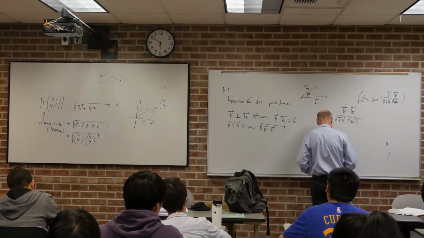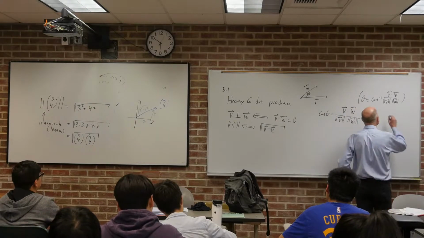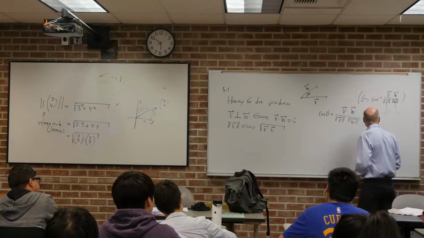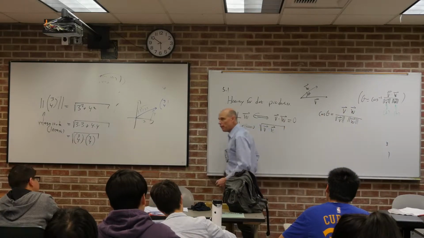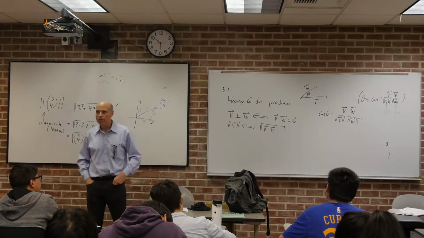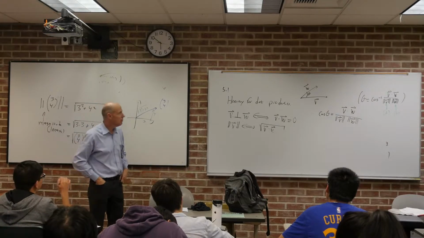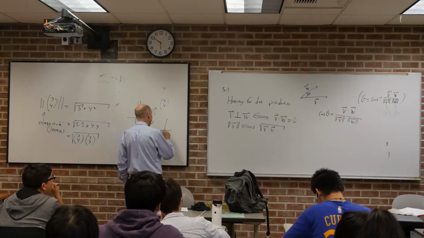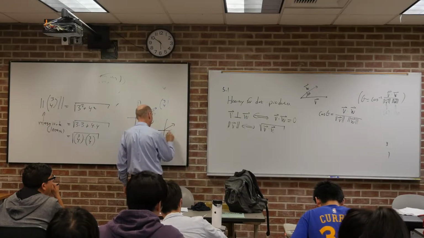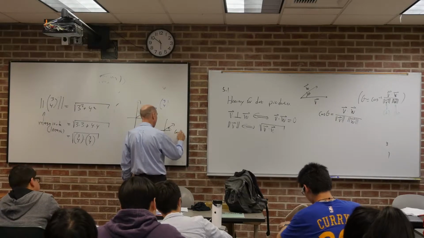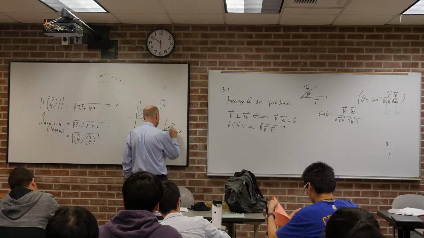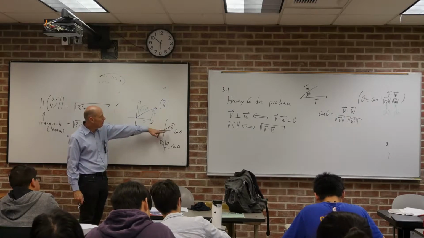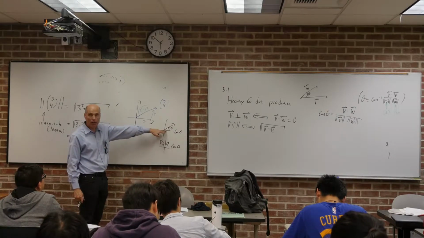Let's talk a little bit more about this. Do you know that the lengths or the magnitudes of vectors are always positive? And if I have a first quadrant angle, is cosine positive or negative?